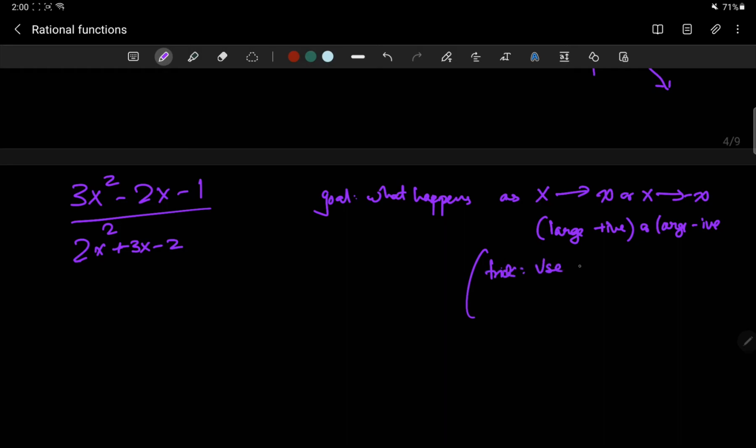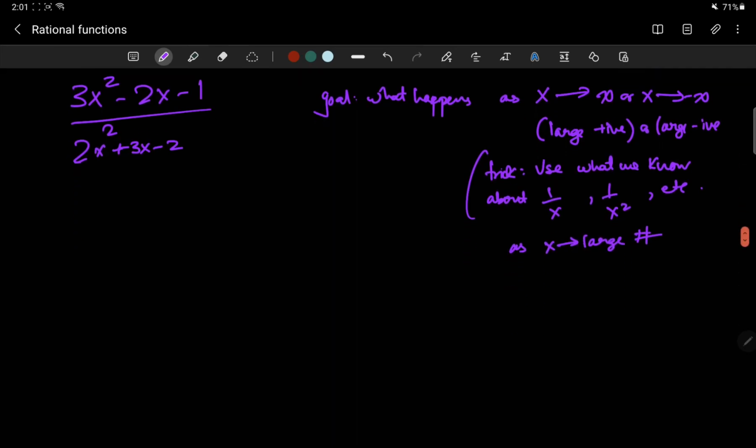The trick here is we're going to use what we know about 1 over x, 1 over x squared, etc. as x becomes a large number. What do we know?